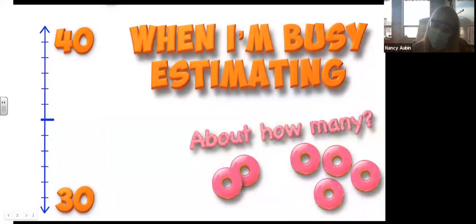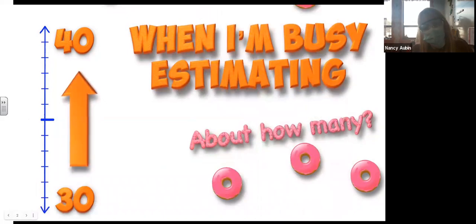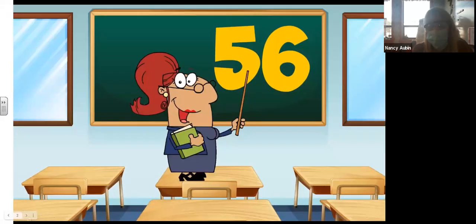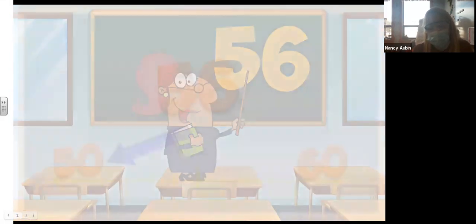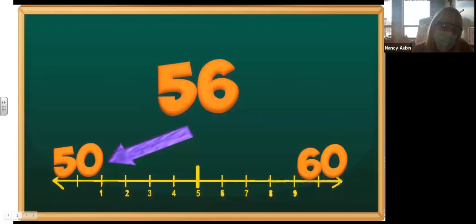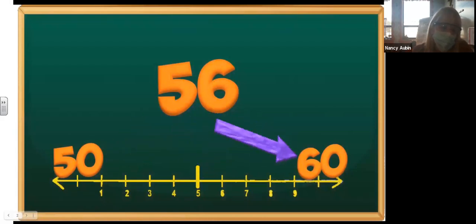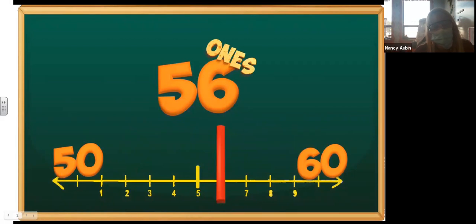Round is the estimator. Round it up or round it down. My teacher said to round the number 56. Round it to the nearest 10. Does it round to 50 or up to 60? I'll show you what I did right then. I looked at the ones place, it's 5 or more. That's more than halfway, I know that for sure. 56 rounds up is what I have to say. 56 rounds to 60 each and every day.